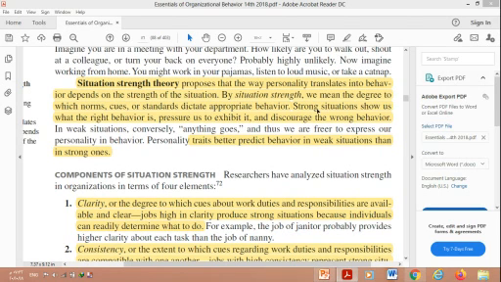So strong situations show us what the right behavior is, pressure us to exhibit it, and discourage the wrong behavior.